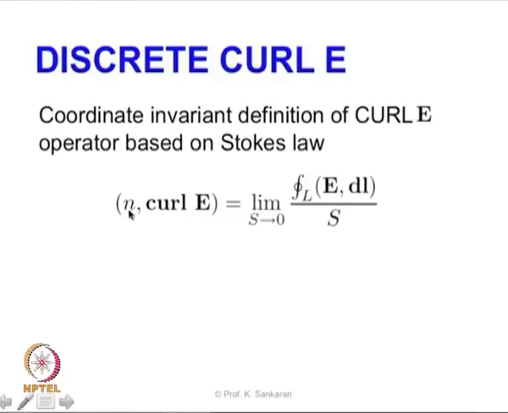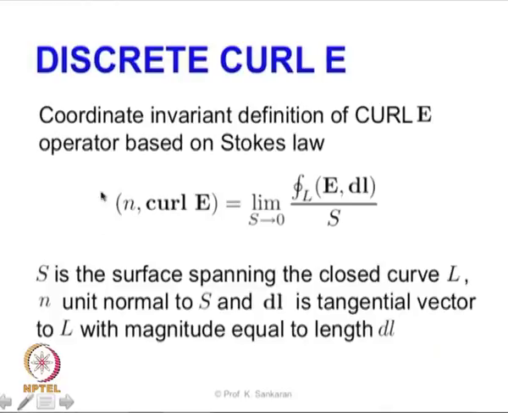You have n comma curl E, which is defined as the limit as S goes to 0, that means the surface is converging to a very small area, of the closed integral over the contour L of E dot dl, divided by S. So this is the coordinate invariant definition of curl of E. In this expression, S is the surface spanning the closed curve L, n is a unit normal to S, and dl is a tangential vector to L with magnitude equal to the length dl itself.